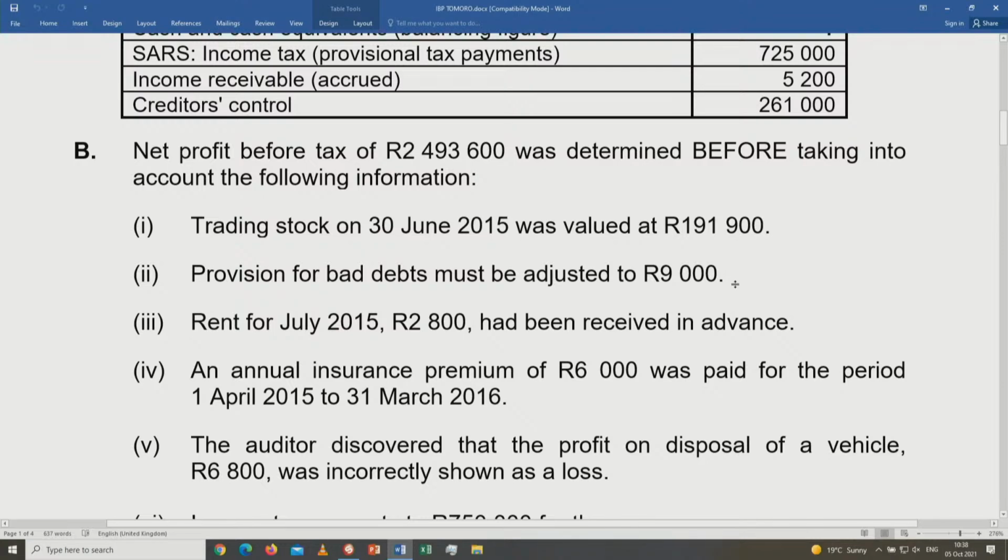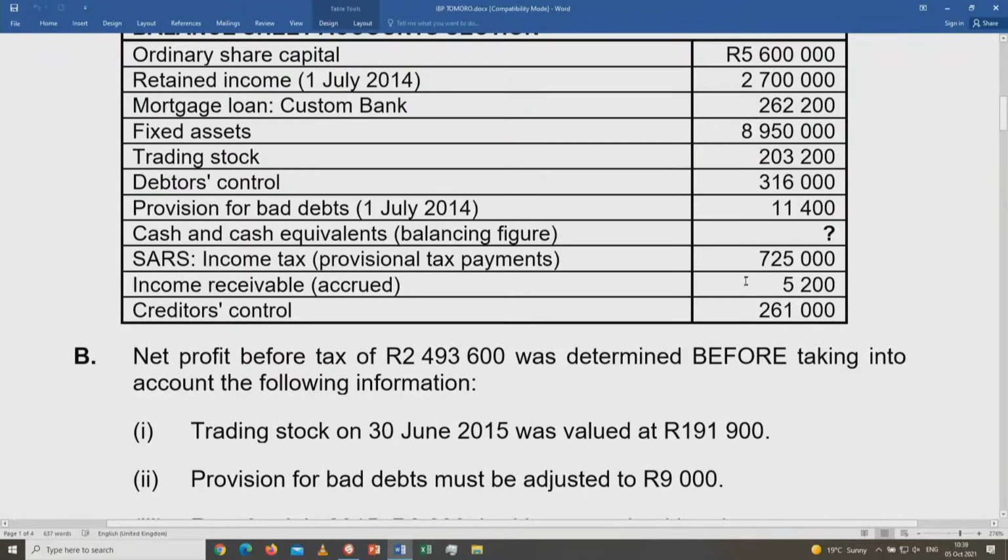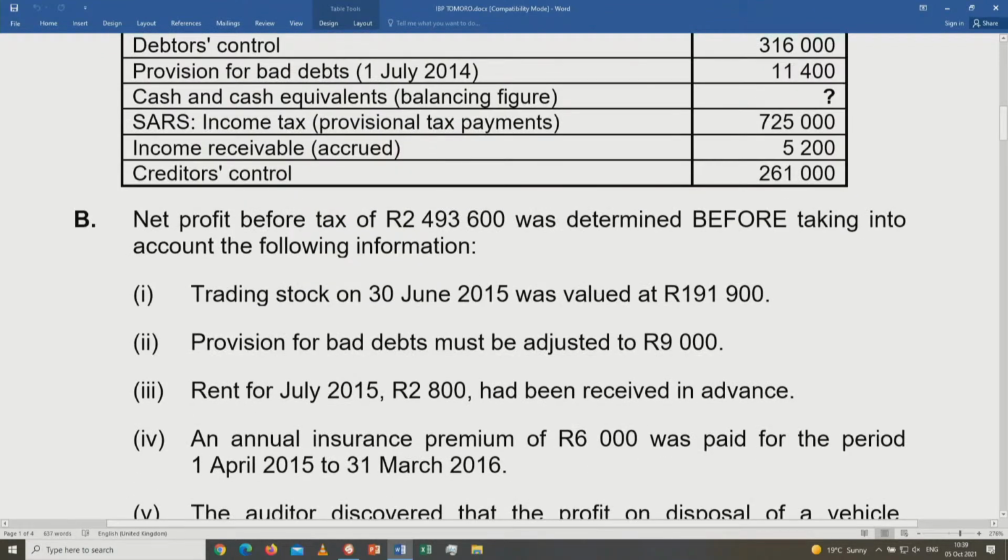Now, let us check, because now they say here provision for bad debts must be adjusted to 9,000. Let us look at information A, and look at what we have initially made provision of. We have 11,400, but look at the adjustment. At the end of the year it is 9,000. This is the actual provision for bad debts, which is 9,000.